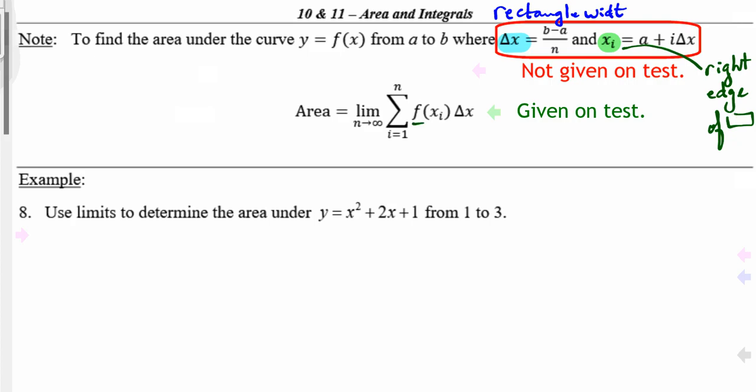So inside here, this f of x subscript i, that's a height. And then this is the width. So I have a width times height. That's giving me an area of each rectangle. We add them all up, and then we take the limit as though we had an infinite number of rectangles.